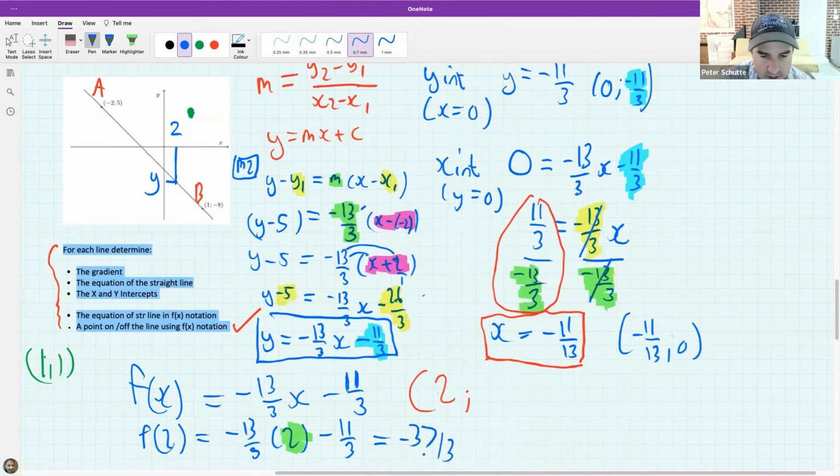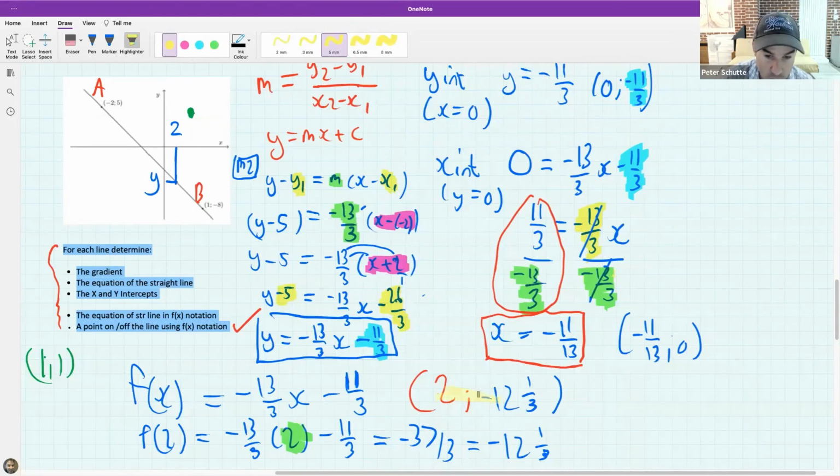I get minus 37 over 3, which if I wanted to, I could write as minus 12 and 1/3. And so a point on the line that I have just found, but you didn't have to do this one, you could have used another value, is the point 2, minus 12 and a third.